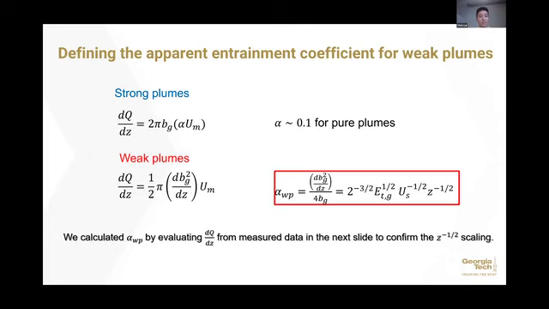Now, can we define an apparent entrainment coefficient for weak bubble plumes? We are doing this solely because we want to see if we can predict the weak bubble plume behavior with the usual entrainment formulation just by tweaking the alpha.